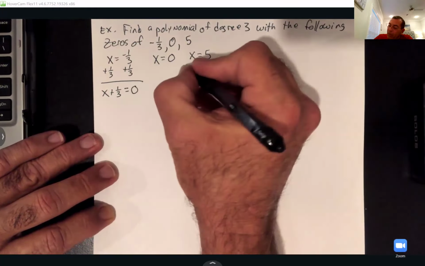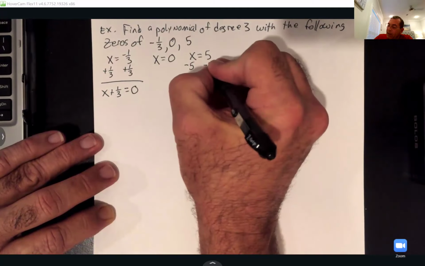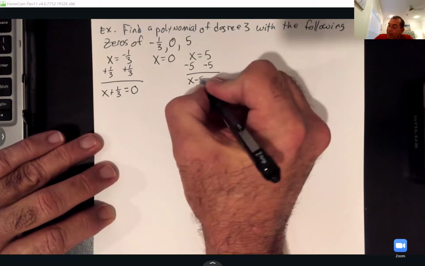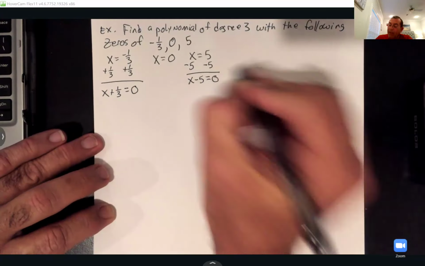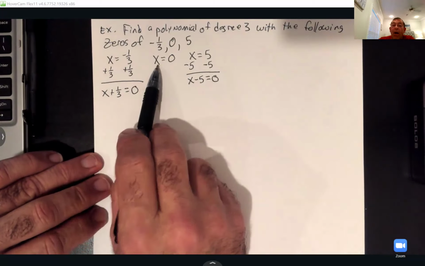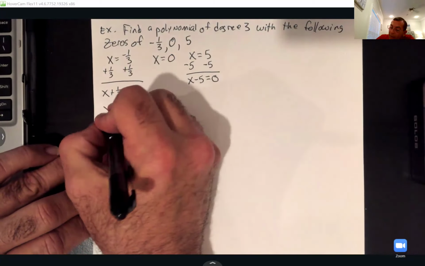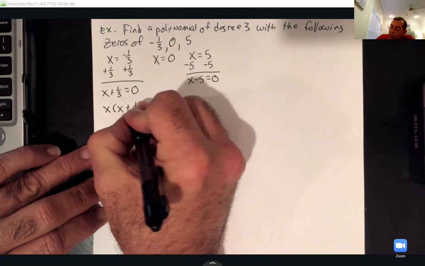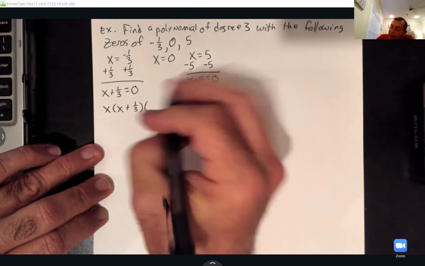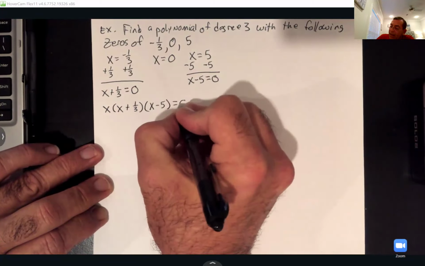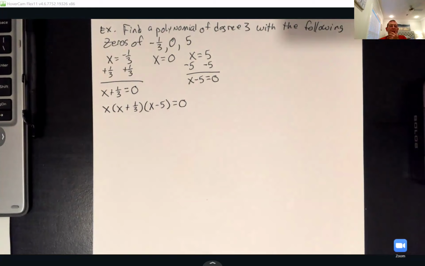And then here looks like we're going to subtract 5. So you get x minus 5 equals 0. Now remember, the single variable I always write first. And then I'm going to put in my x plus 1/3, my x minus 5, set all that equal to 0.